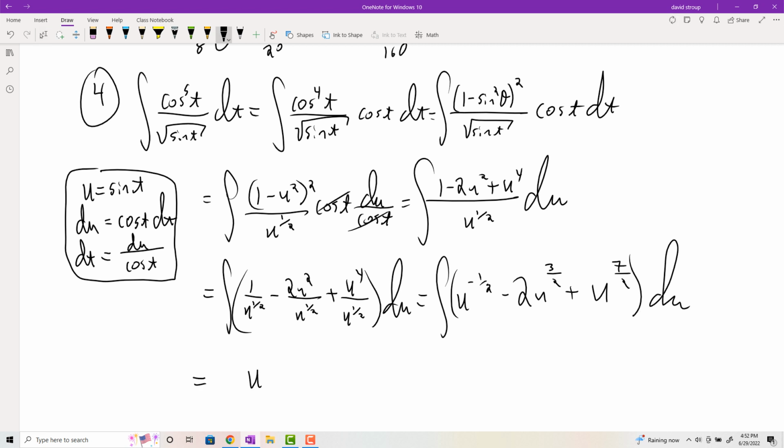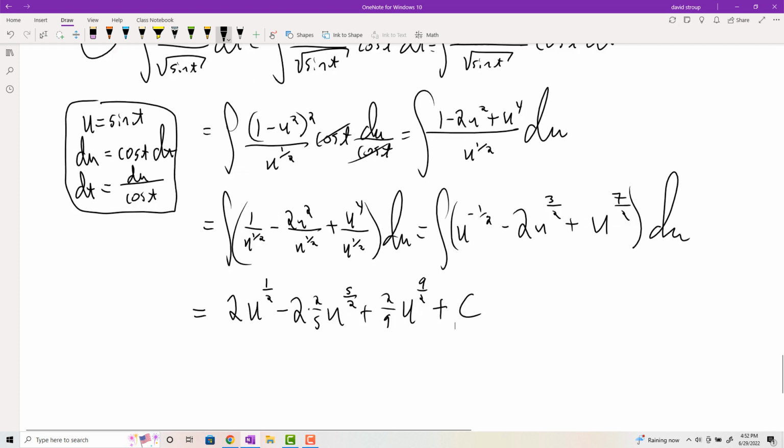Okay, so I got u to the negative 1/2 plus 1 is 1/2, and then divided by 1/2 is the same as multiplying by 2. U to the 3/2 plus 1 is 5/2, and then multiply by 2/5, plus u to the 7/2 plus 1 is 9/2, and then multiply by 2/9, plus constant, and then finally clean it up and back sub, right?